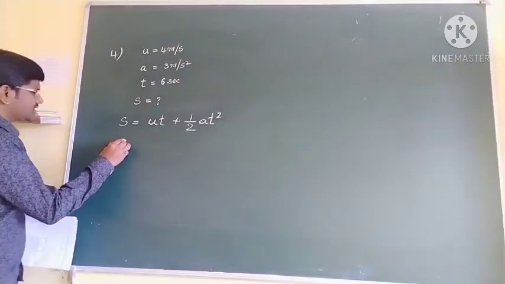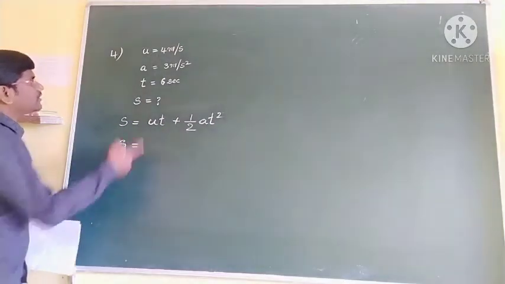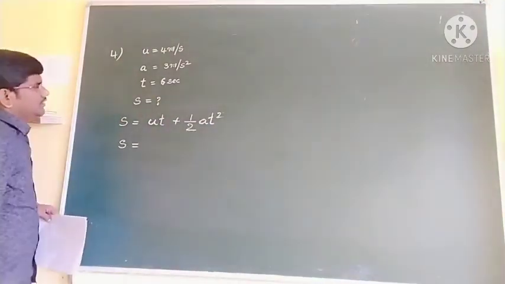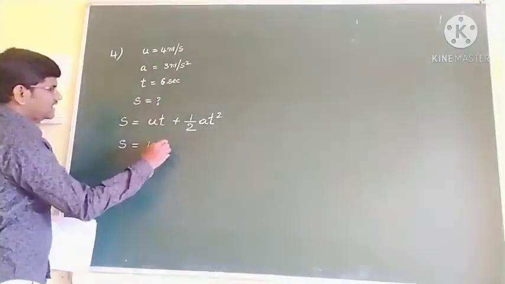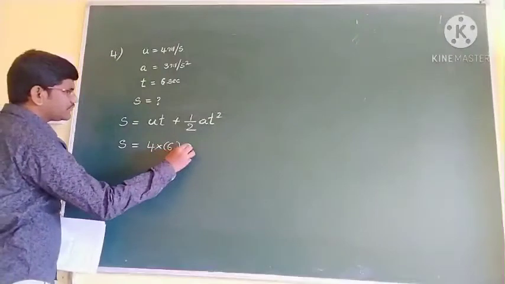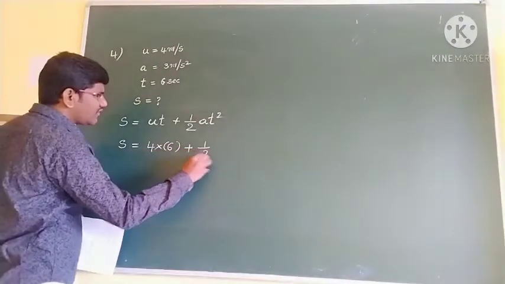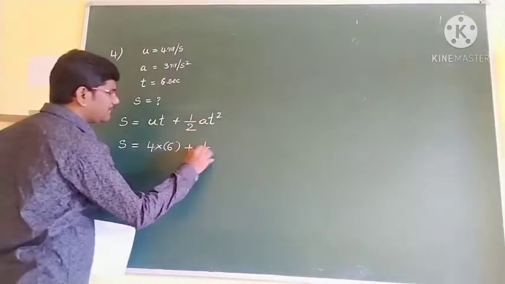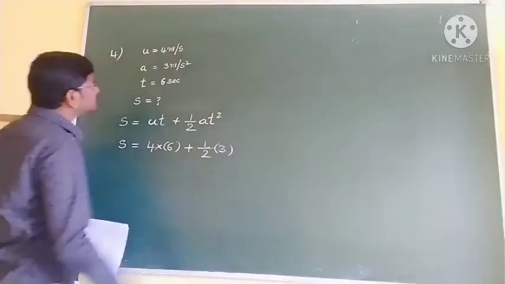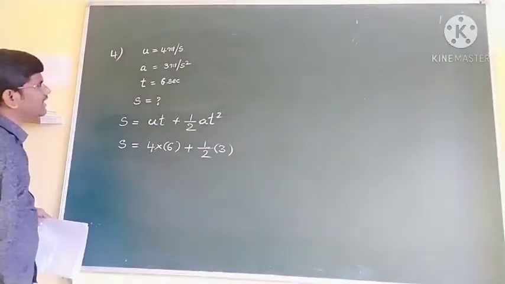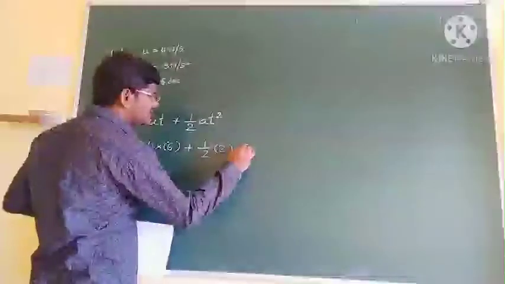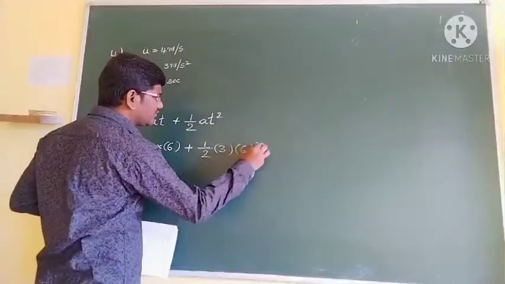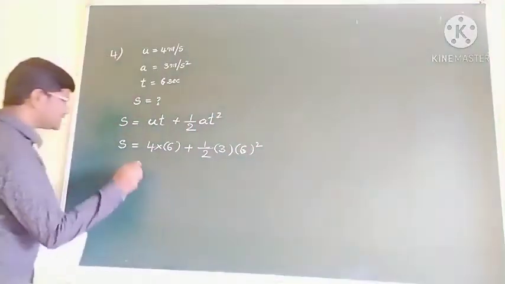Then S is equal to initial velocity 4, time 6, plus half into A value, which is 3 meters per second square, and time 6, take it 6 square.